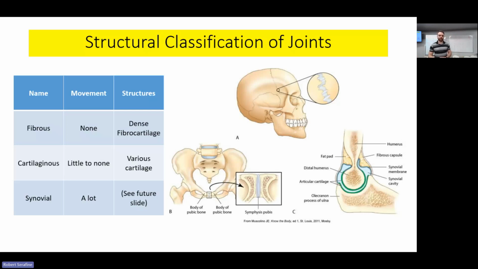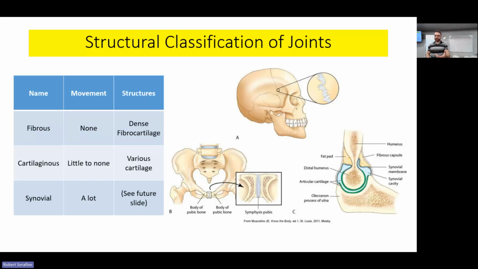These essentially correlate to each other, but all they do is explain either what structures create the joint or what functions those joints perform. We have three in each category in this case: fibrous joints, cartilaginous joints, and synovial joints. Again, this is the structural classification of joints.